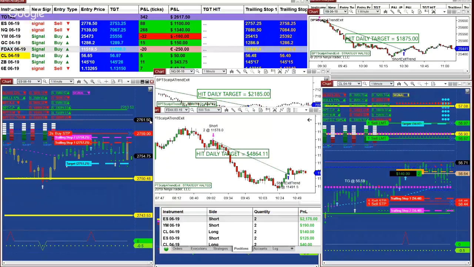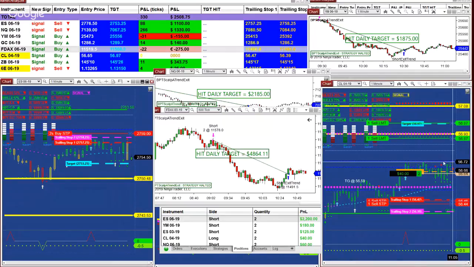So again, the ES is trying to go back and break that area. The CL is trying to get momentum here to break this 56.72. We understand that, and it's failing one after the other.